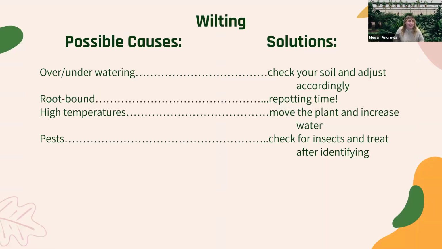Okay, so let's talk about wilting. Wilting can be caused by both under and over watering, which is quite confusing to think that your plant's going to wilt from over watering. So that's why it's important to have that drainage and make sure that you're checking.